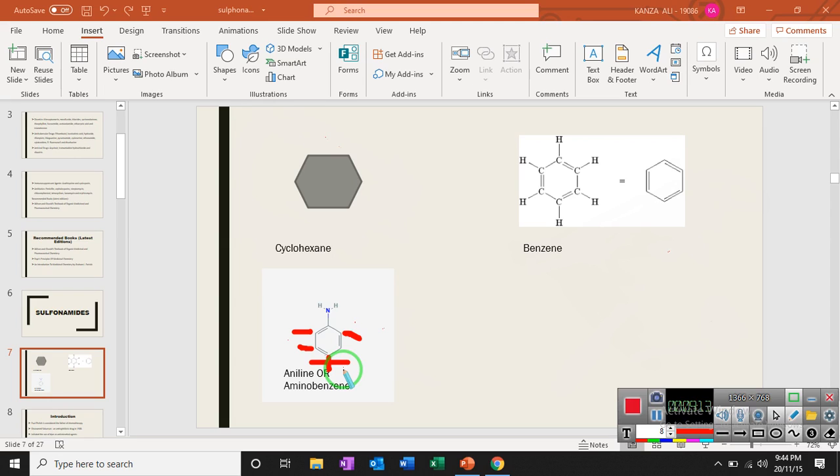And you know, when these compounds are used in medicine or in medicinal chemistry, the importance of these positions is very clear.